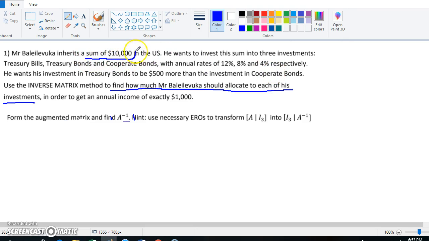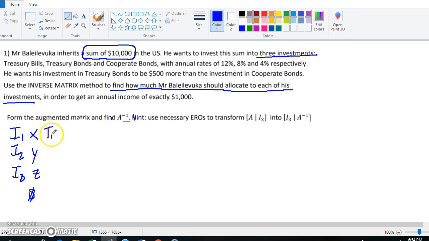This says how much money he has altogether. But the 3 investments, investment 1, investment 2, investment 3. Okay, I might just call it X, Y, and Z. And X, Y, and Z is going to be the amount of money he allocates to those 3 investments.